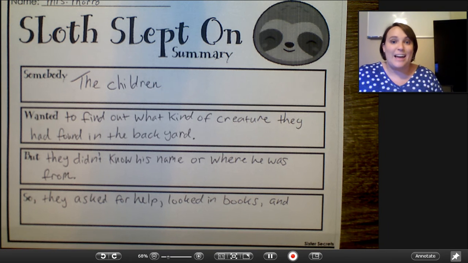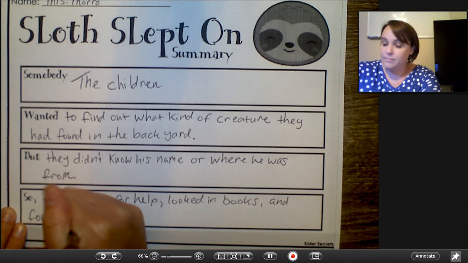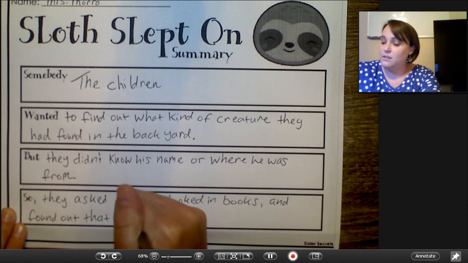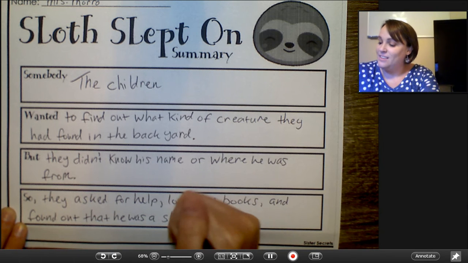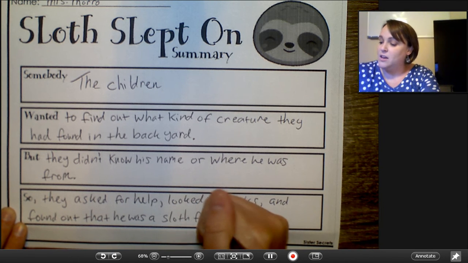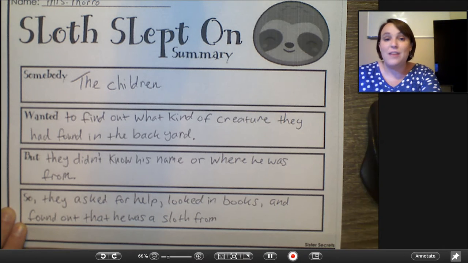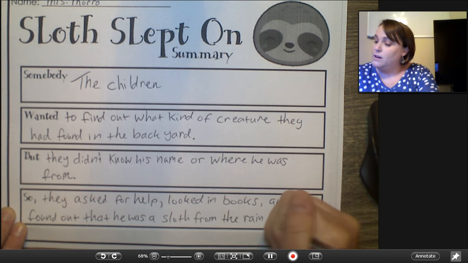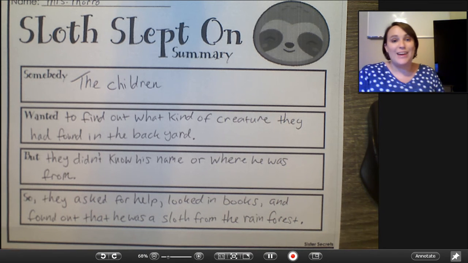The solution is that they actually found the answer and found out that he was a what? He was a sloth. And where do sloths live? Well, sloths live in the rainforest. So they found out that he was a sloth from the rainforest. Punch that period at the end.